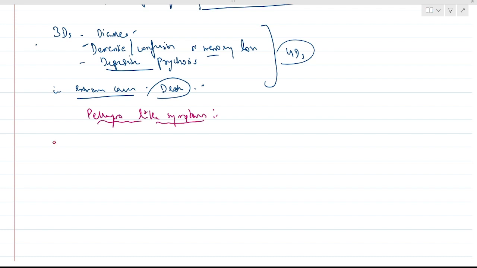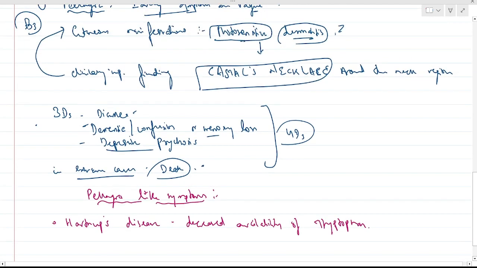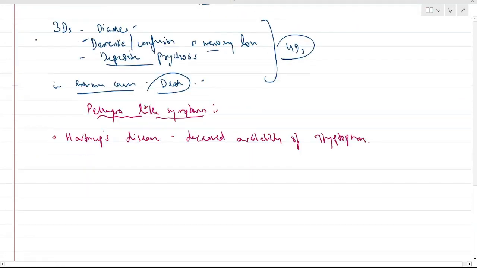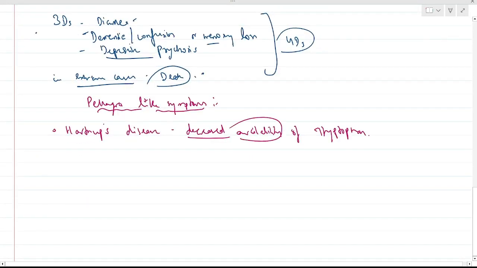First one we are going to see is Hartnup disease, in which there is decreased availability of tryptophan. As you have seen above, this vitamin B3 is derived from tryptophan. So this tryptophan's decreased availability leads to Hartnup disease.